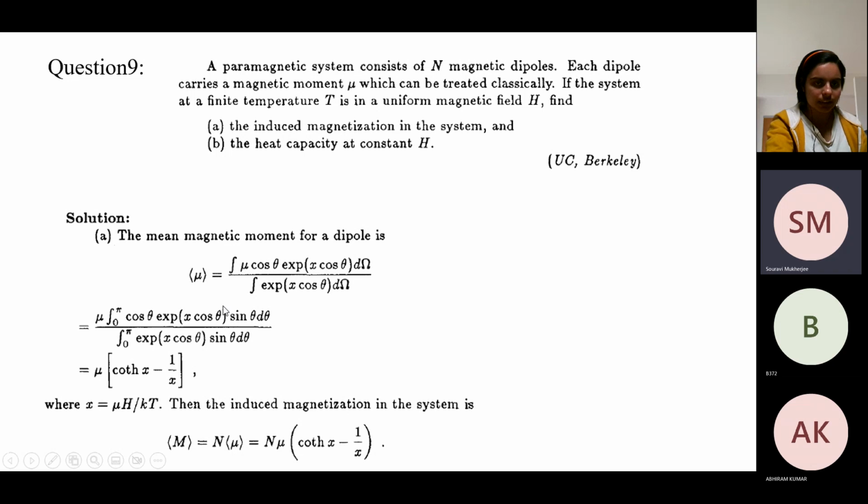You can just directly use the expression. This already has the partition function, but the concept you're using is multiplying the probability density, or rather the phase space density, with the variable whose mean you want to find. Is this thing clear?